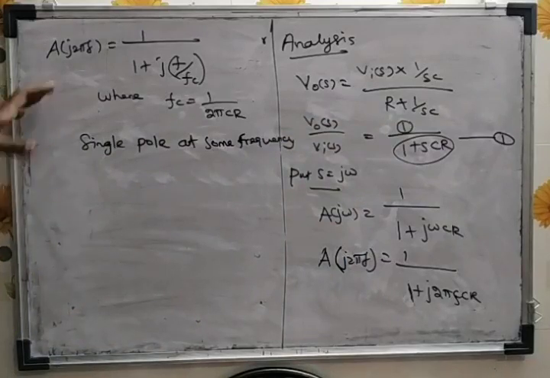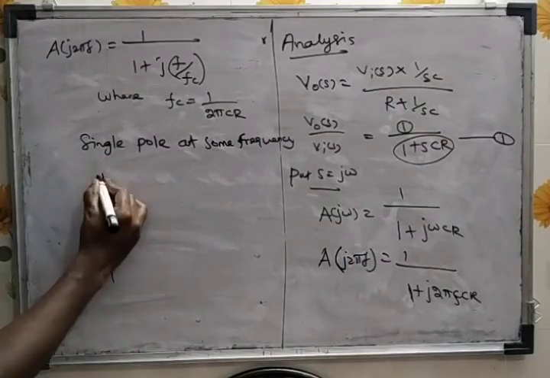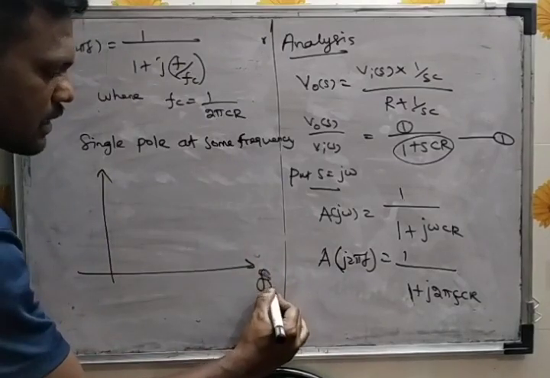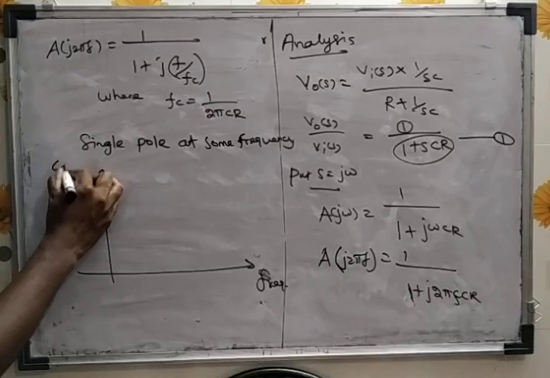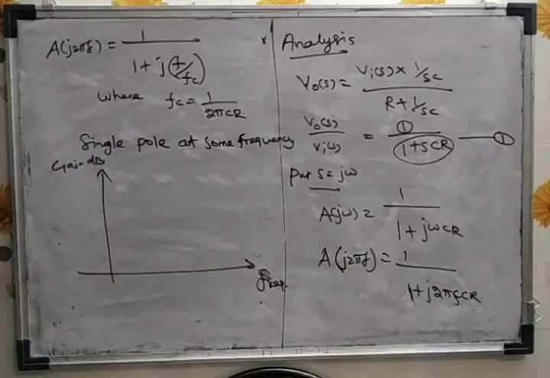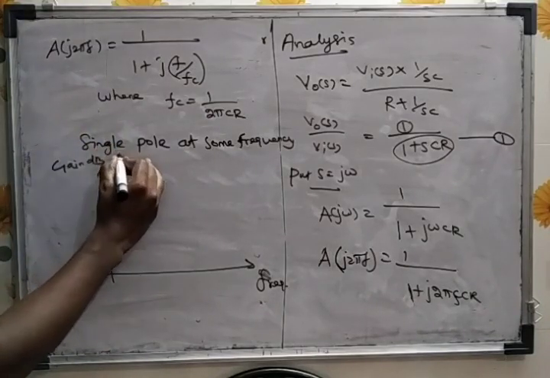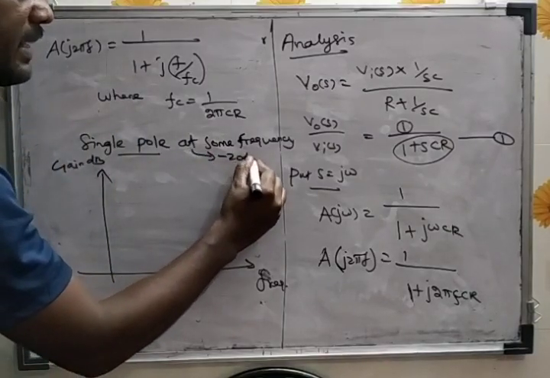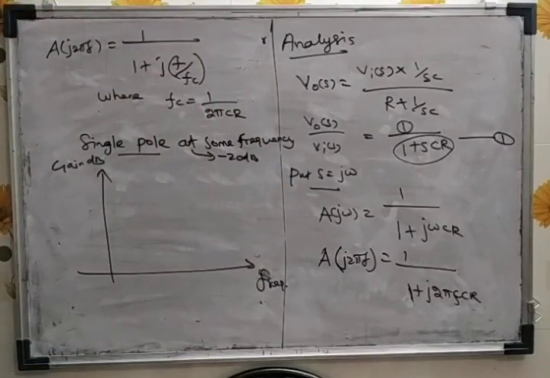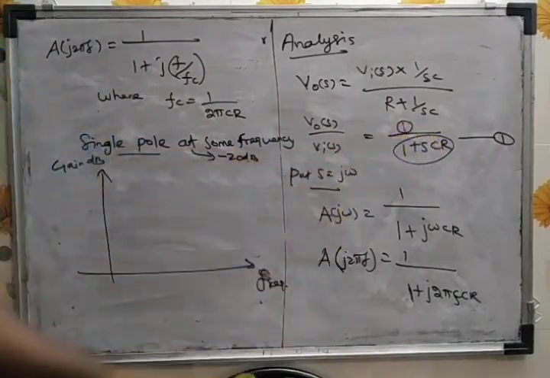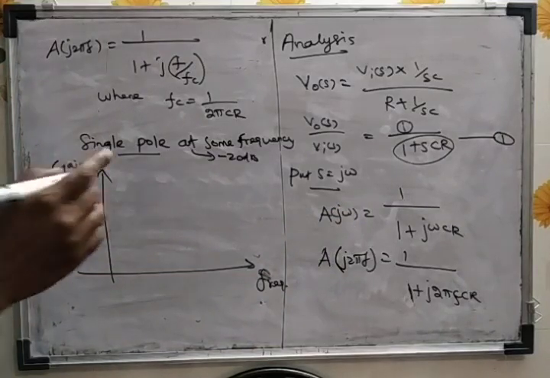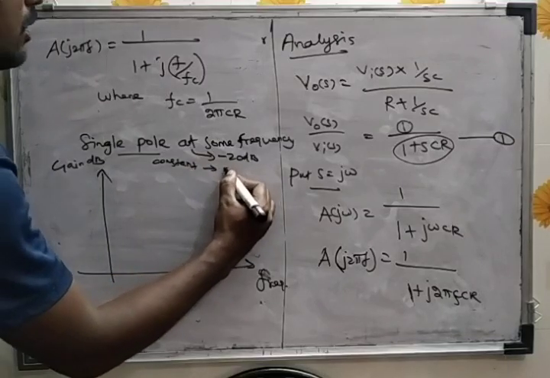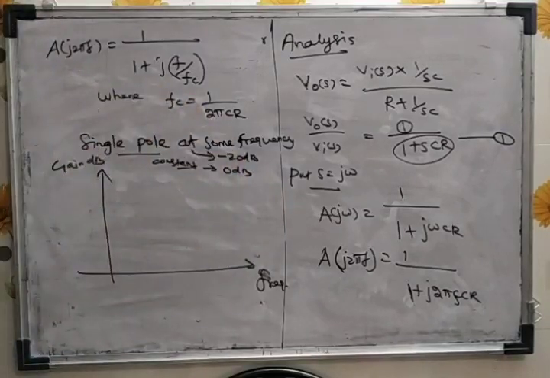If we draw the frequency versus gain in decibels, a single pole contributes a minus 20 dB slope. In the numerator, you have a constant term that contributes 0 decibel.